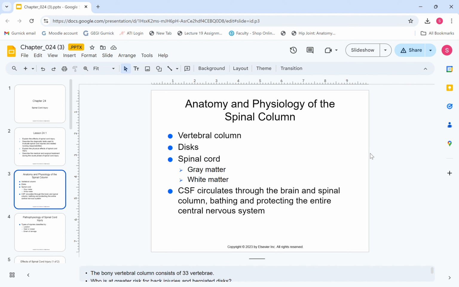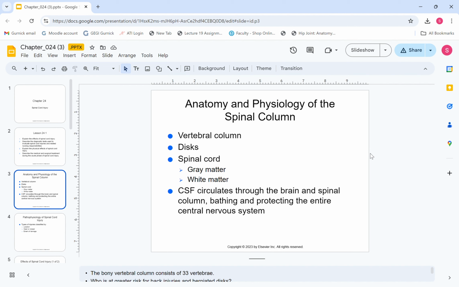Okay, and the spinal cord goes through your spinal column all the way until the vertebra L2. And then your spinal cord stops. Now it continues to have some nerve fibers continuing, but it is no longer the spinal cord.